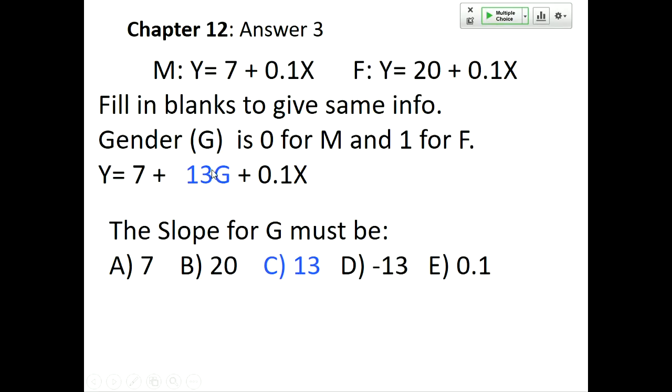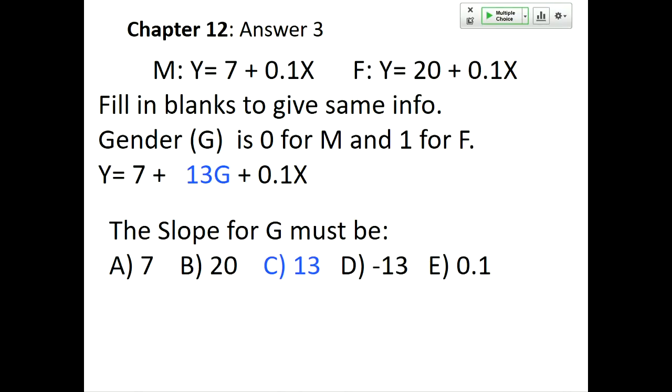When G is 0, this drops out and it matches up with the male. When G is 1, 7 plus 13 is 20. If the slopes are the same, that variable is only affecting the intercept. That's all it's doing. Does that make sense to everybody?